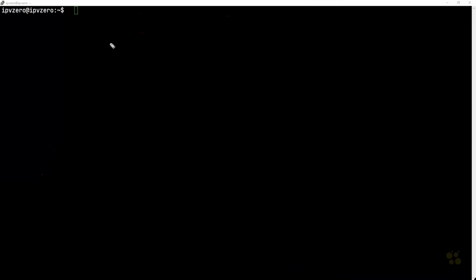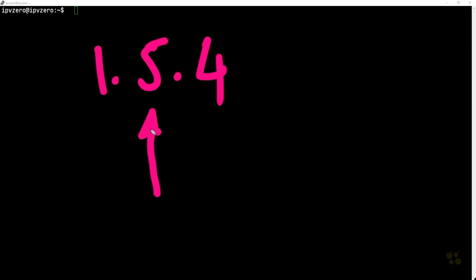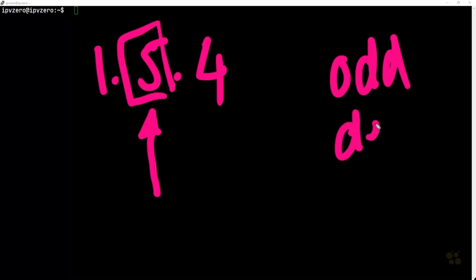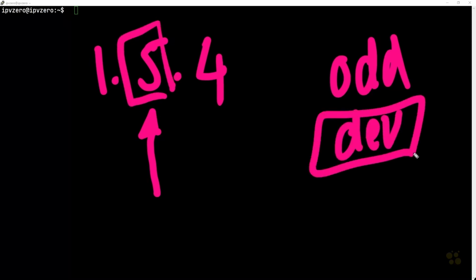Well, if we had a version before version 2.6, such as maybe 1, 5, 4 perhaps, this number right here, i.e. the second number, which would be the major revision, if that number happened to be an odd number, which it is right here, 5 is an odd number, this would let you know that this was a development release, i.e. this was not fully tested, it may not be stable. You can install it to get the latest features available, but be aware that it may actually cause your system problems and may not be quite as reliable.